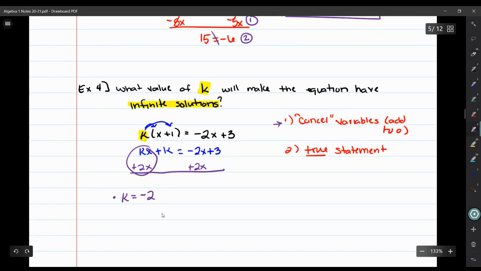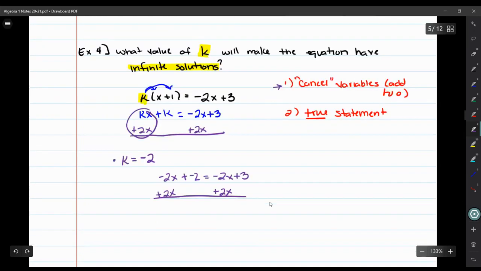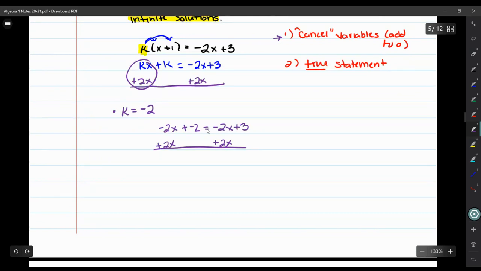So let's substitute it in. Negative 2x plus a negative 2 equals negative 2x plus 3. And let's continue with how we solved it a minute ago. We're going to add 2x to both sides. Make sure our variables actually do in fact add to 0. Negative 2x and 2x add to a 0.